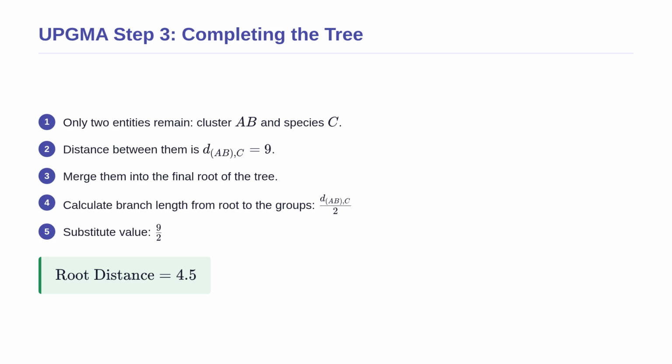To find the branch lengths from this ultimate root, we take the distance between the 2 groups and divide it by 2. Dividing 9 by 2 gives us 4.5. This physically means that the total evolutionary time from the very first common ancestor of all 3 species down to species C is 4.5 units. Our tree is now completely resolved and mathematically scaled.